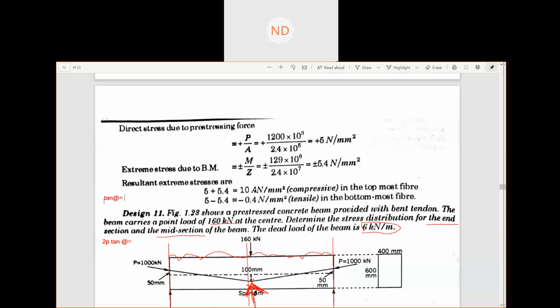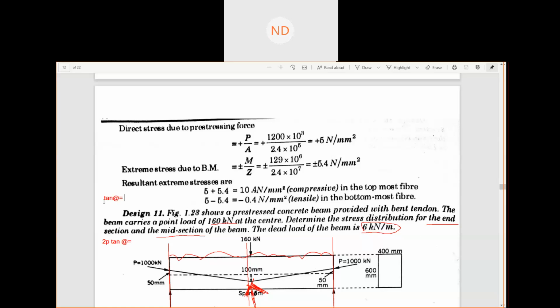Anyone? Tan theta here? 100 by 3000? No. 50 by 3000?